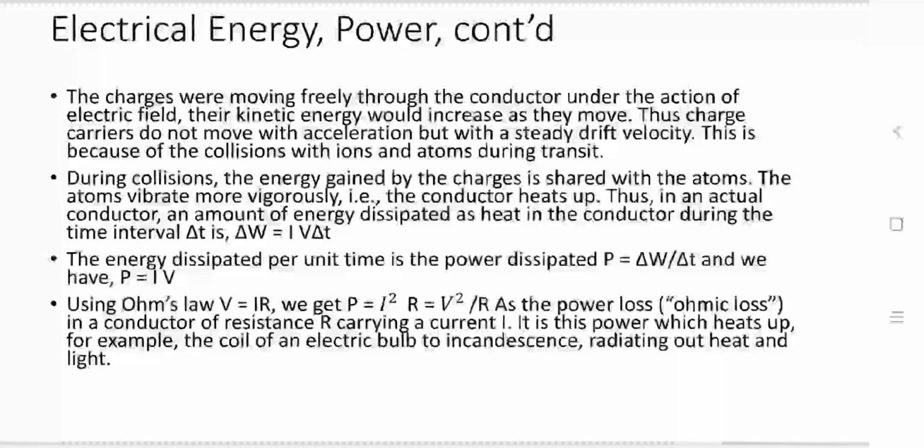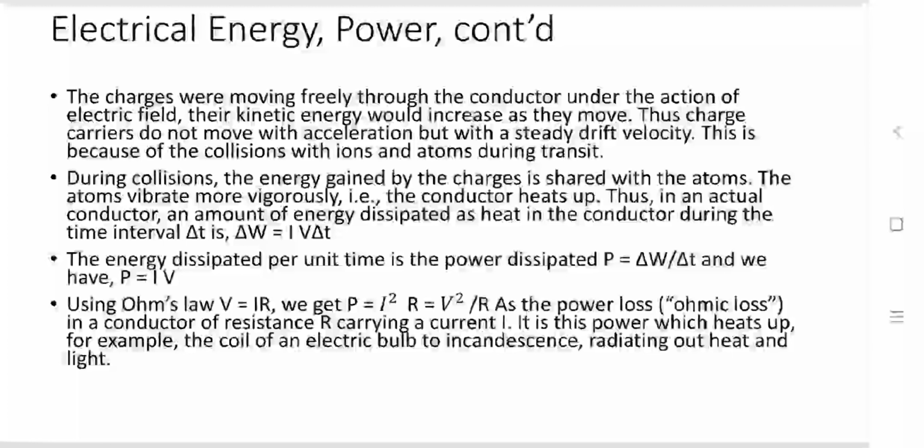During the collision, the energy gained by the charges is shared with the atoms. The atoms vibrate and the conductor gets heated. Thus, in an actual conductor, an amount of energy is dissipated as heat. What will happen? As the external field is available, electrons start to collide with the atoms, so now they have the drift velocity.